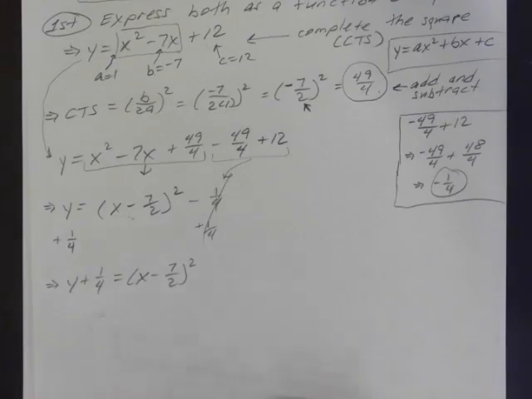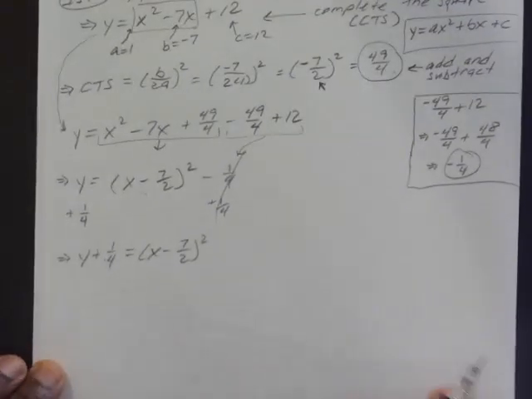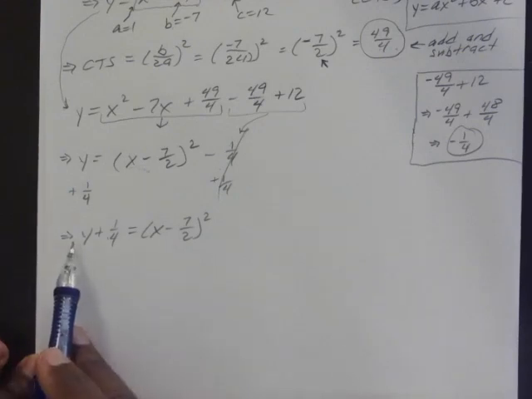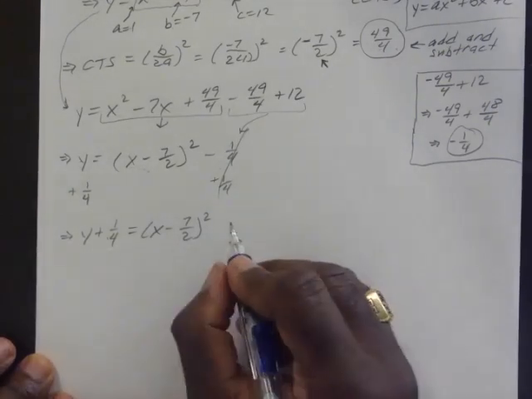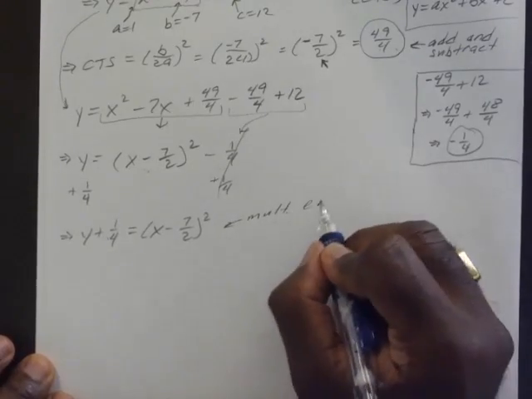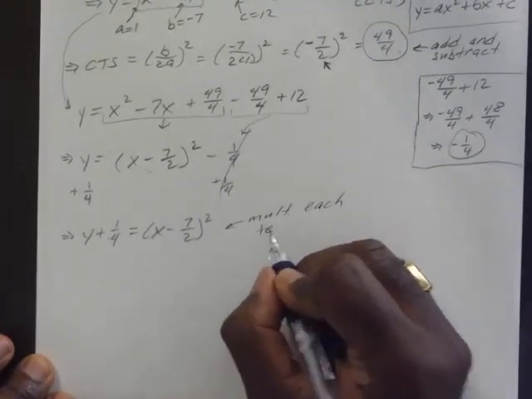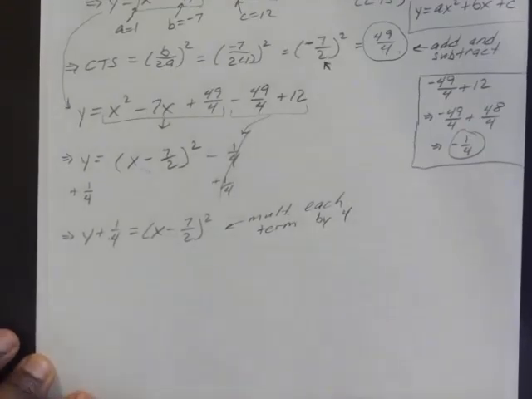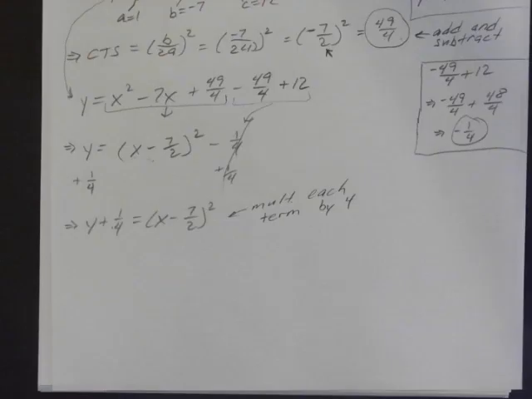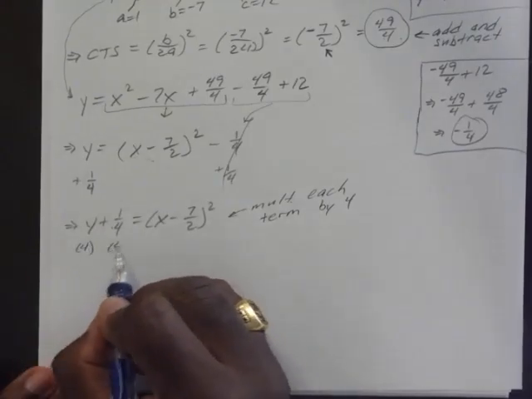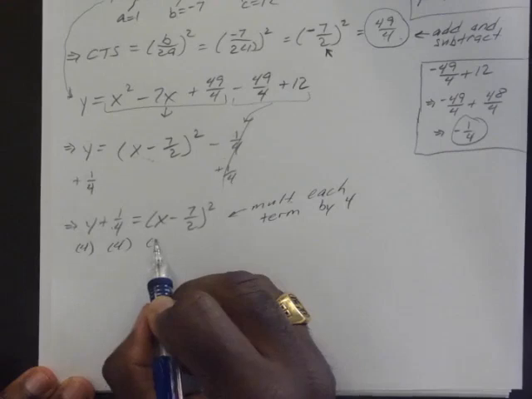Okay, and just to get rid of that fraction here, because later on it's going to be a bit of a headache, we're going to multiply every term by 4. Which means we're going to multiply this term by 4, this one by 4, and this one by 4.